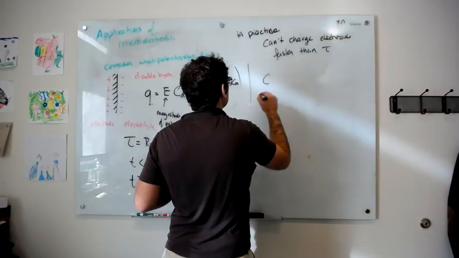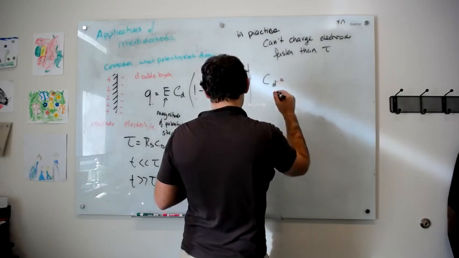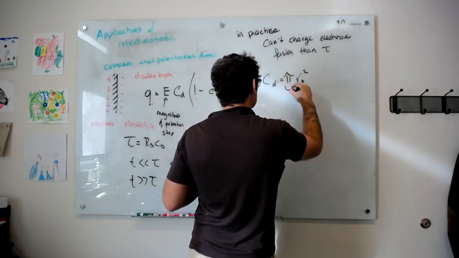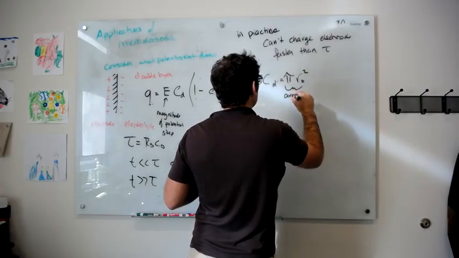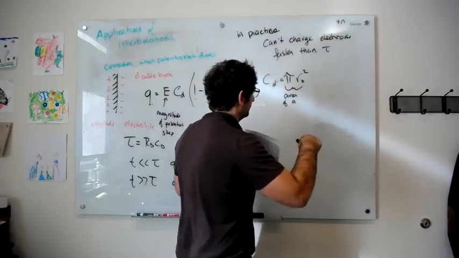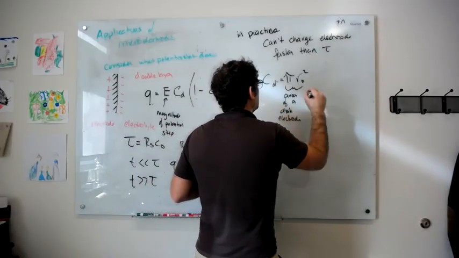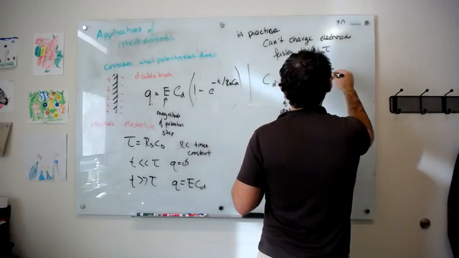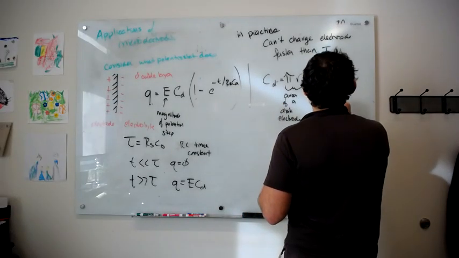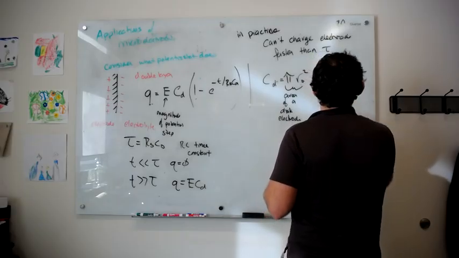And CD, the capacitance of my electrode, is equal to pi times R naught squared, which is just the area of a circular disk electrode, times CD naught, the capacitance per unit area.